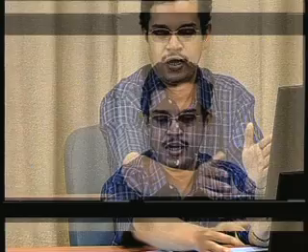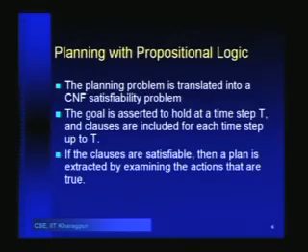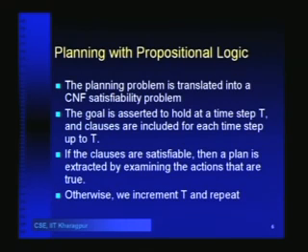If not, then we will increase the time step by 1. At step k, I am trying to see whether within k time steps I am able to satisfy the goal. If so, then there is a plan of length k. If the clauses are satisfiable, then a plan is extracted by examining the actions that are true. Otherwise, we increment t and repeat. So, this is the basic idea.